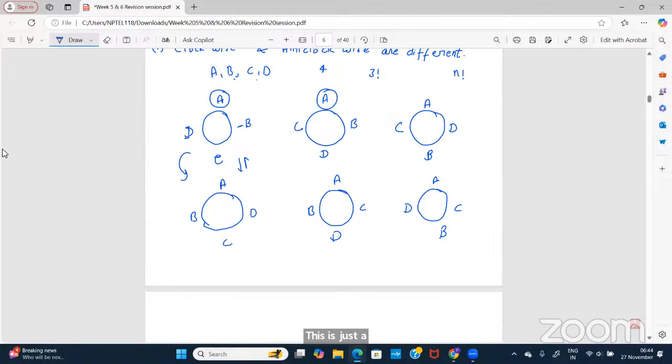So here it is A. This is the mirror image of it, right? B is here and then D is here. These two are also mirror images of each other, and these two also, right?